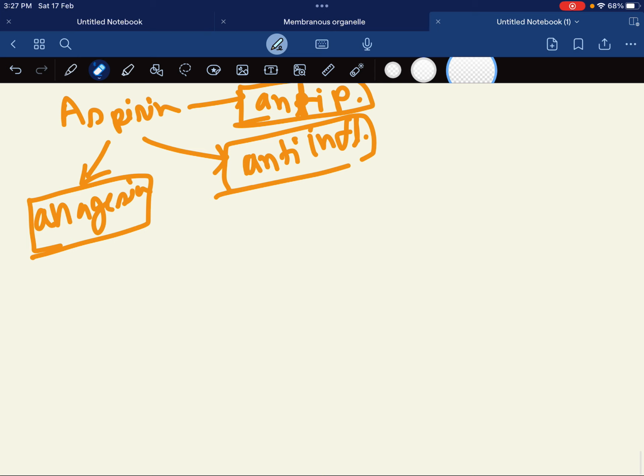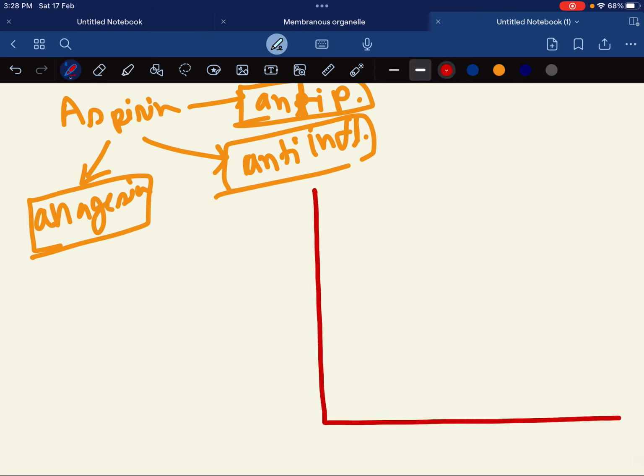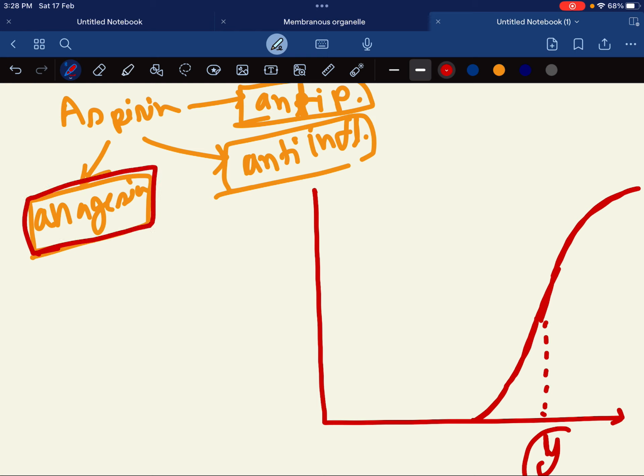Let me draw this precisely. The median toxic dose will be constant for aspirin. Suppose this one is Y, the median toxic dose. But for analgesia, only a small amount of dose is required.